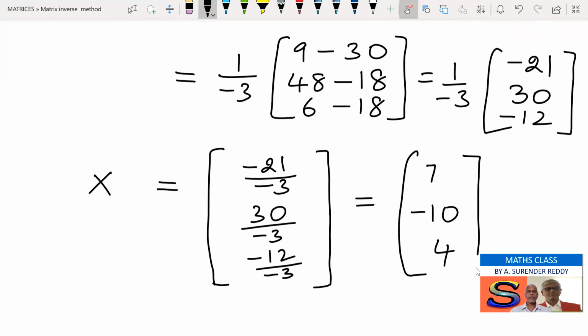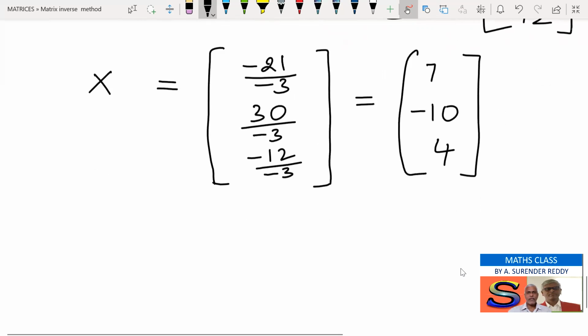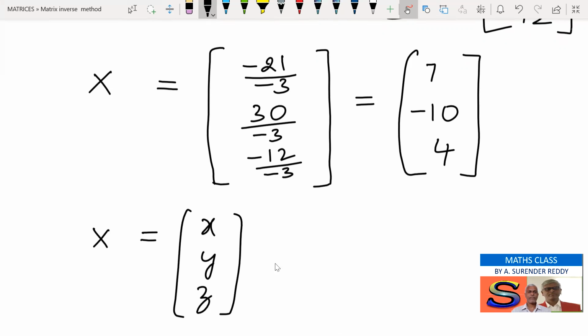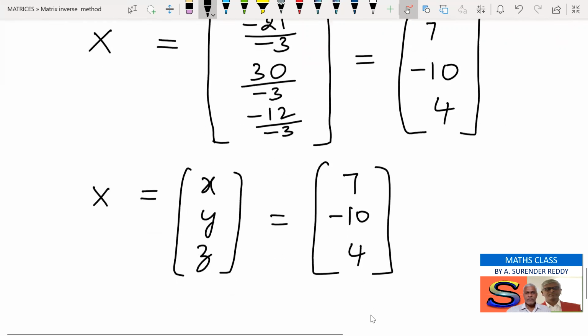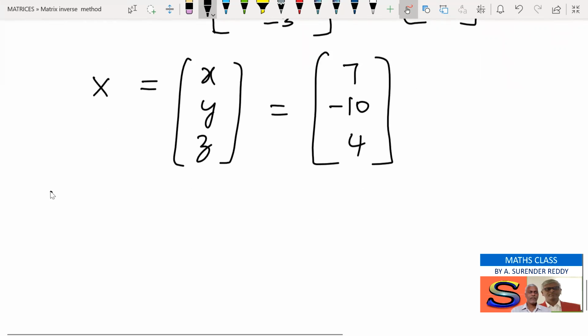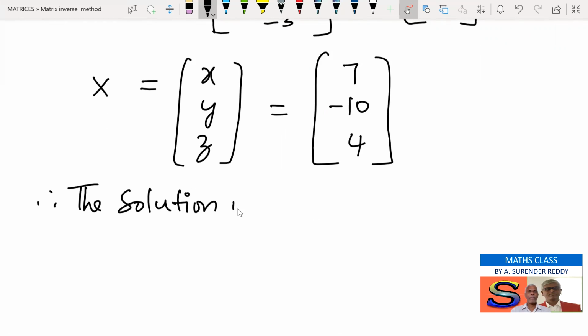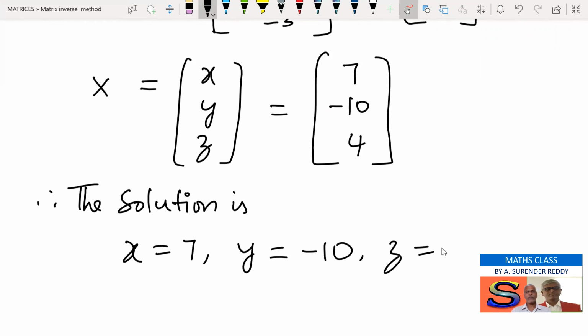So X is equal to 7, minus 10, 4. X is the variable matrix, that is x, y, z. Therefore, the solution is x value 7, y value minus 10, z value 4.